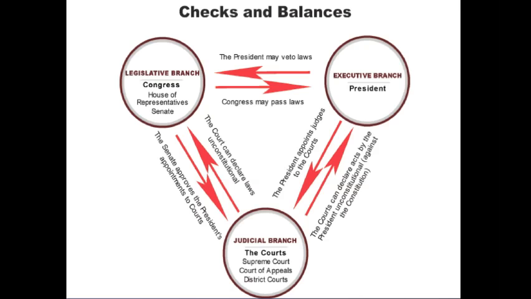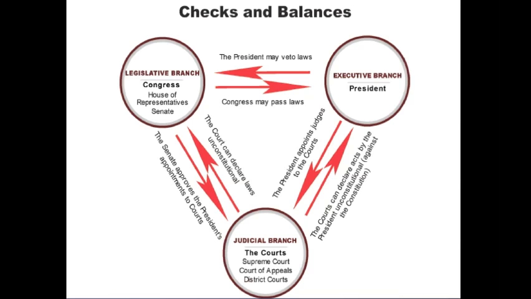So here's a diagram just to illustrate what I explained, the idea of how in all the different directions checks and balances can take place between the three branches of government. For example, again, like I just mentioned, let's take a look at the executive branch and the judicial branch. So the President can appoint judges to the courts.